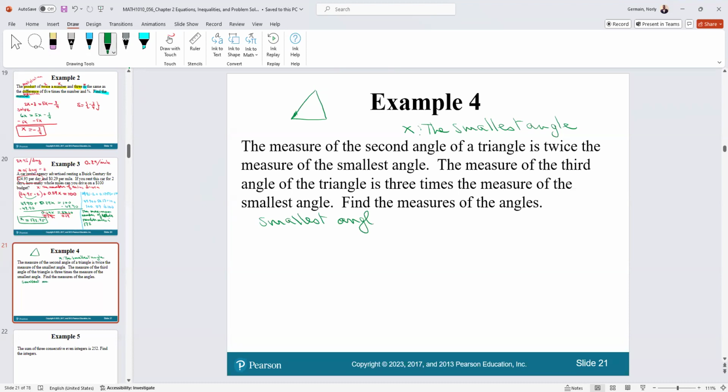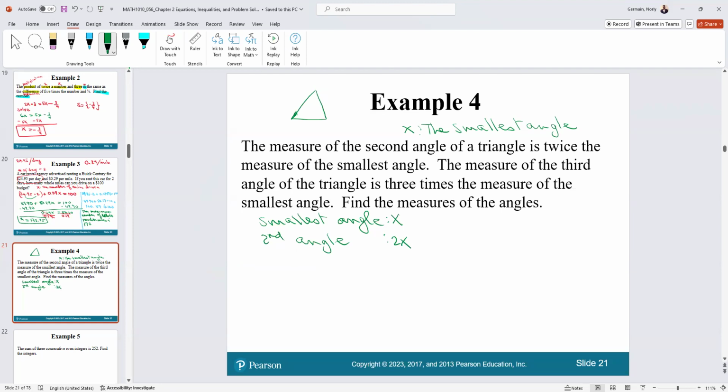If we call the smallest angle x, they said the measure of the second angle of the triangle is twice the measure of the smallest angle. So we're going to say it's 2x.